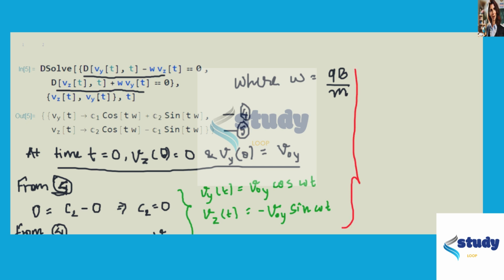So just combine all of these. Finally, v at any time t equals v0x in the x direction, in the y direction v0y cos omega t j hat, and in the k direction minus v0y sine omega t k hat.